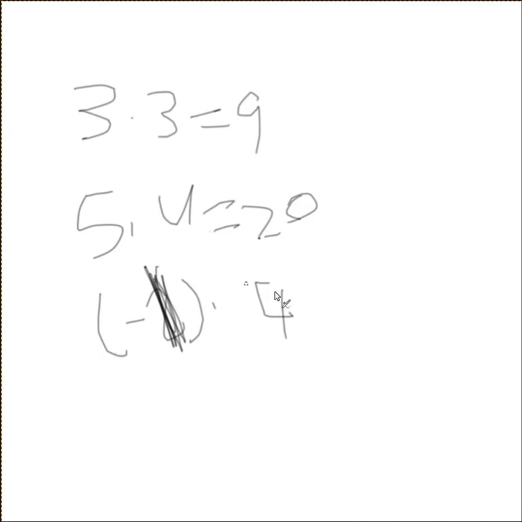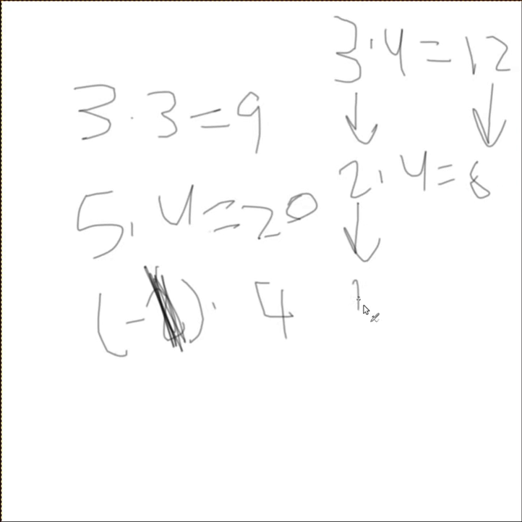Well, let's recite our times 4 table. 1 times 4 is 4. 2 times 4 is 8. 3 times 4 is 12. So you can see here, it goes down 4 every time the number goes down 1. So for example, 3 times 4 is 12. Decrease this by 1, 2 times 4 is 8. This decreases by 4.